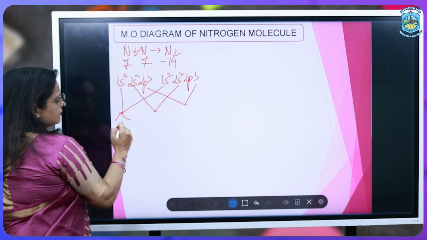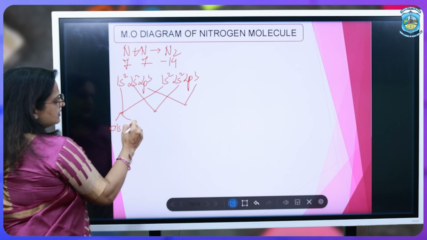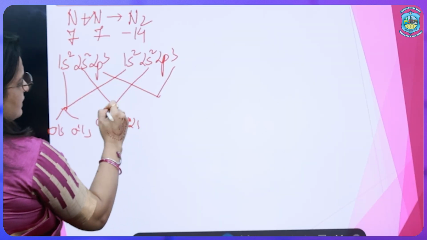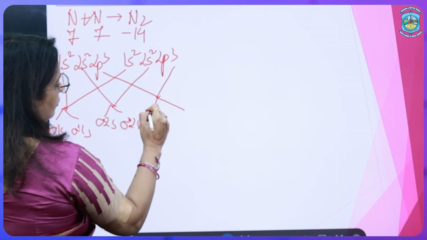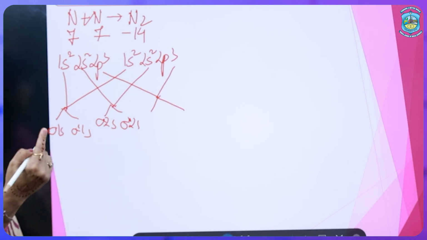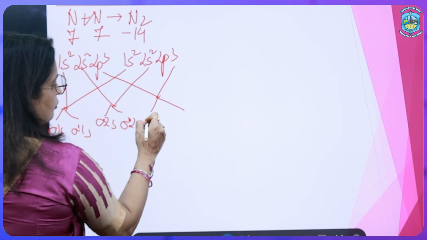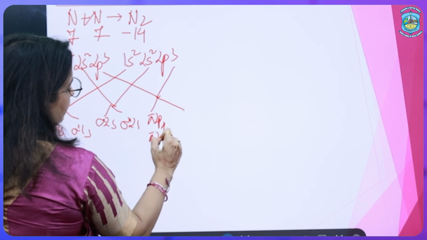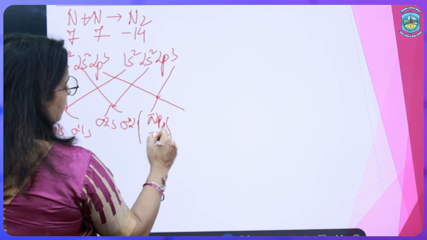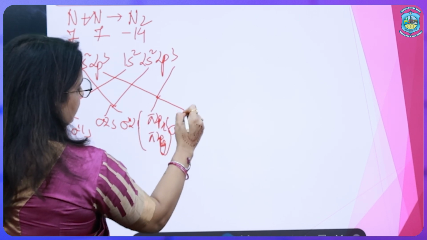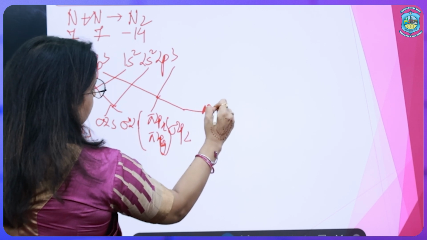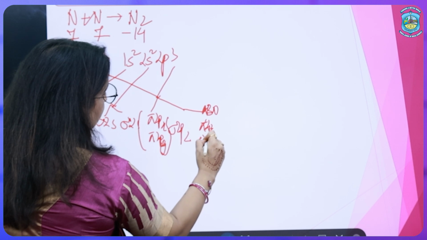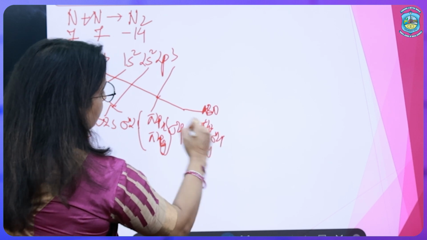They form sigma 1s and anti-sigma 1s, sigma 2s and anti-sigma 2s, and then from 2p, which has pz, px and py, we get pi 2px, pi 2py, which are of the same energy level, and sigma 2pz, and anti-bonding anti-pi 2px, anti-pi 2py and anti-sigma 2pz.